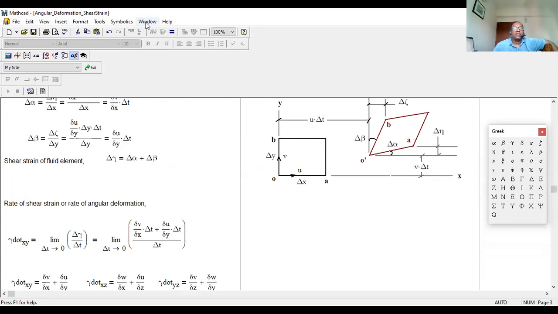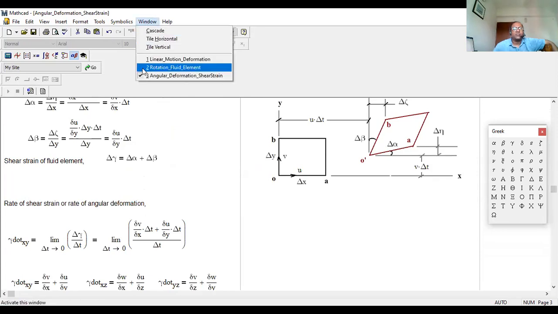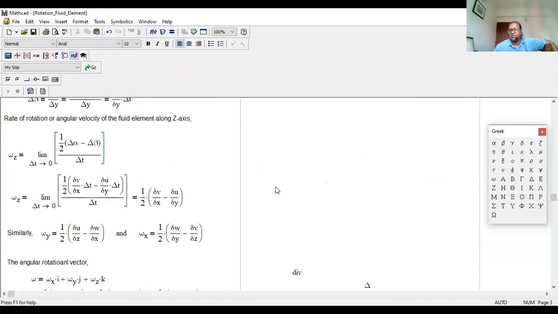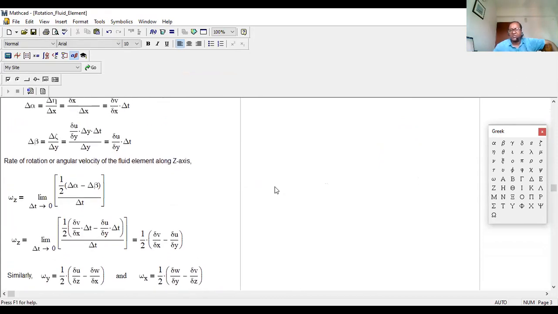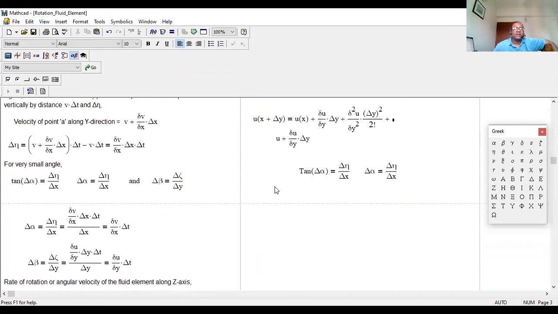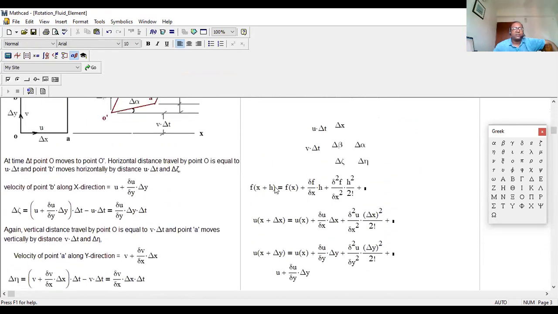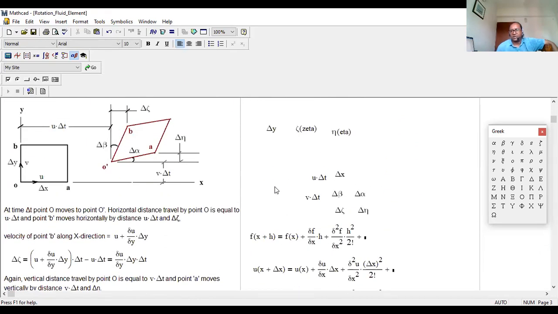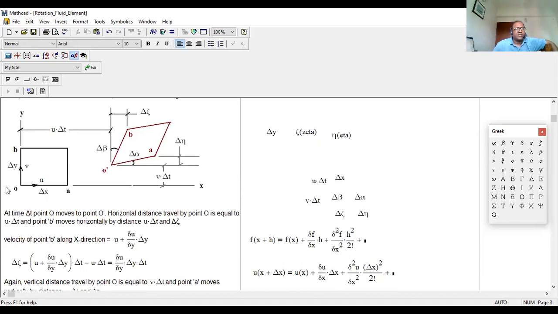Now there is one thing that happens, called rotation of the fluid element. But you don't have to be scared. We'll use the same figure, but we'll figure out how much rotation of the fluid element is happening. And you see right over here, the line OA rotates along the anti-clockwise direction.